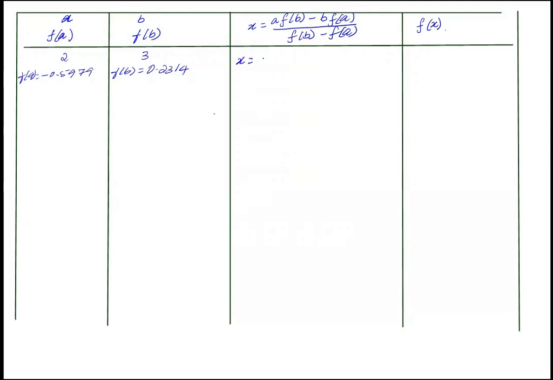By using the calculator, that is a into f of b, 0.2314, minus b, which is 3, times f of a, minus 0.5979, divided by f of b minus f of a, that is minus negative 0.5979.